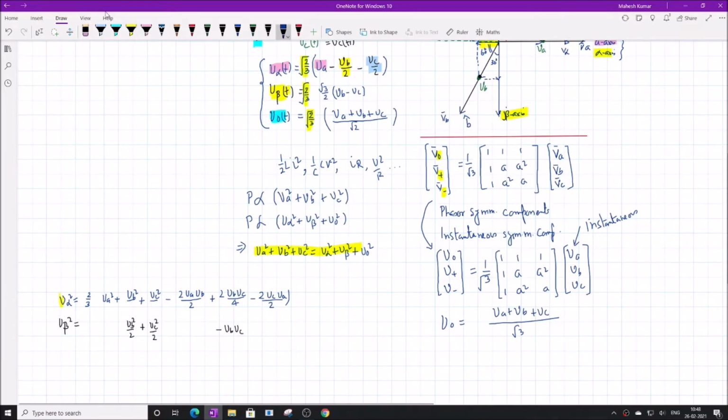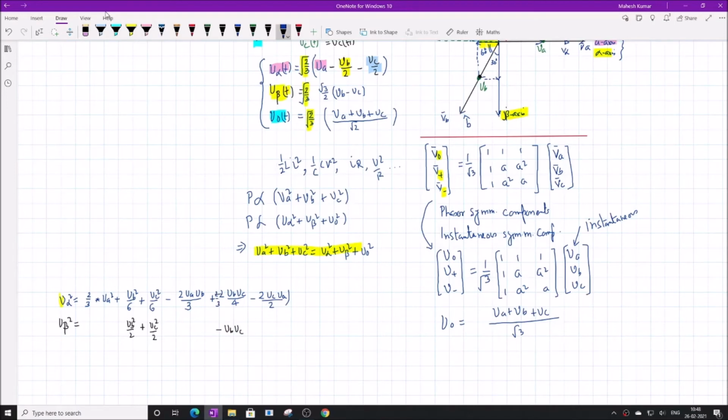So this is by 6, this is by 6, this is 2 by 3. Then this is again 2 by 3 factor. So 2 will go and become by 3 here. So this becomes 2 by 3. Similarly, the next becomes 2 by 3 here. So it becomes 2 by 3, you can say like this.